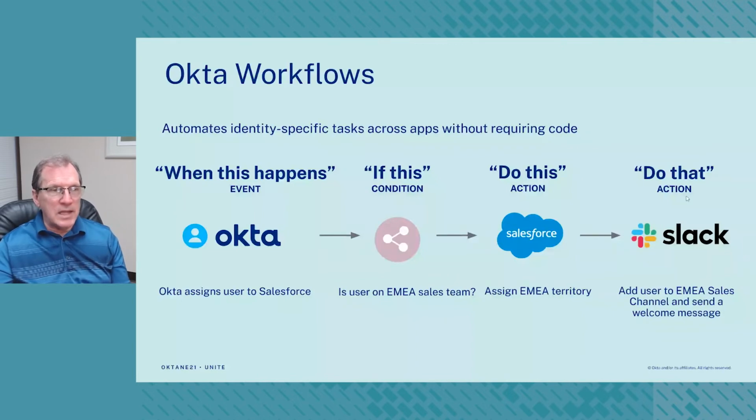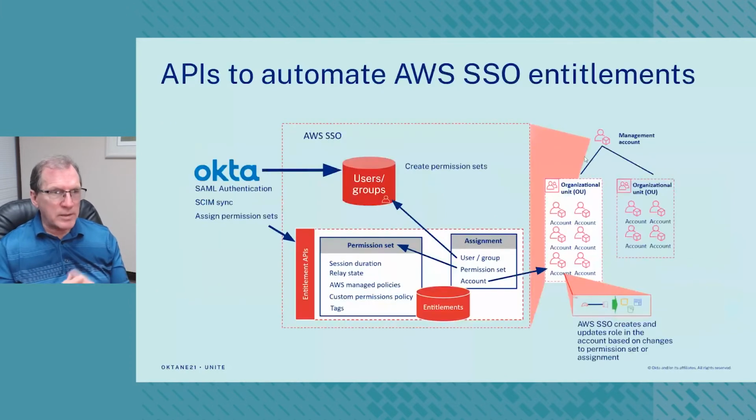And so what we did is we've worked together with Okta to integrate this model into AWS SSO. And the way that we did this is by adding in new APIs to AWS SSO for the entitlements database. So with this model now, Okta, in addition to being able to manage the authentication and the synchronization of users into AWS for access into accounts, Okta can also now manage the actual entitlements.